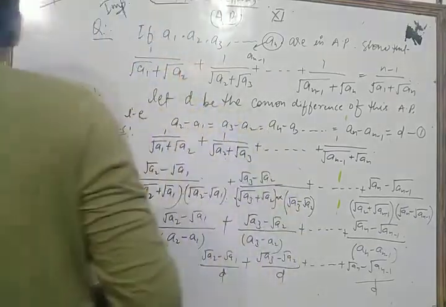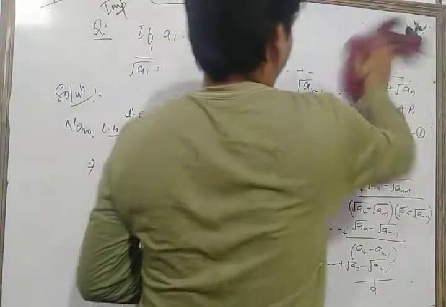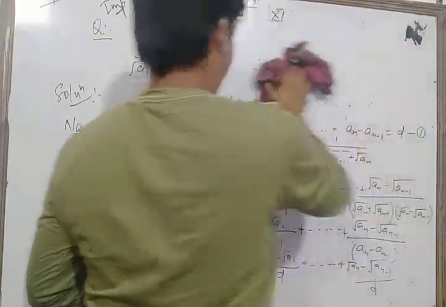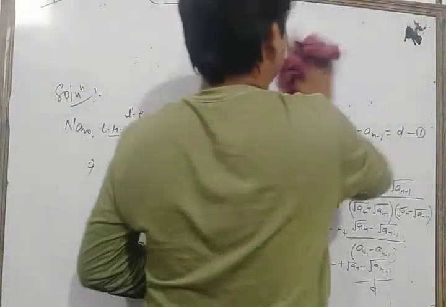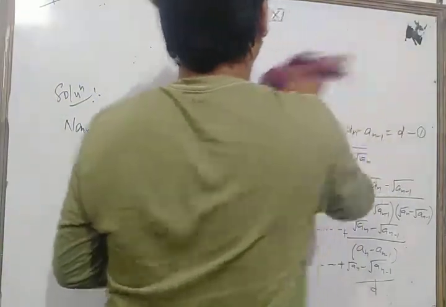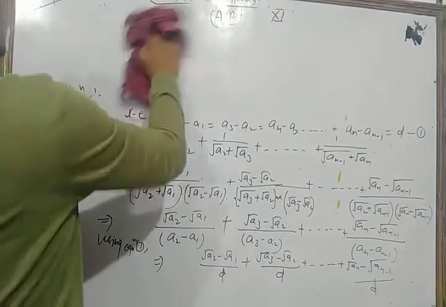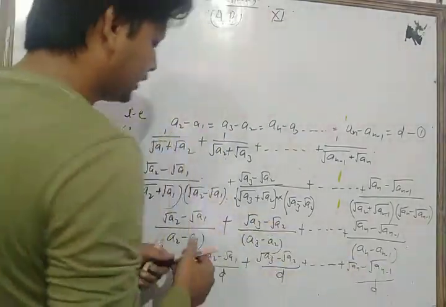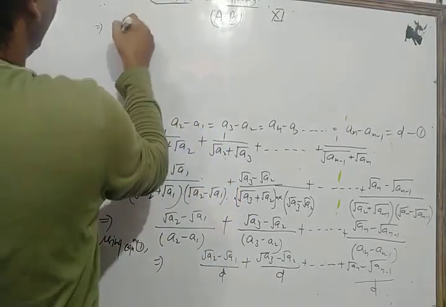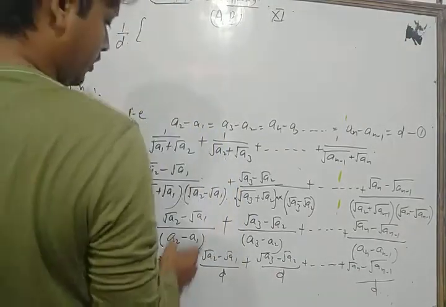Let's see, dear students, here 1 upon d is common. So we have 1 upon d as common. So we have what?